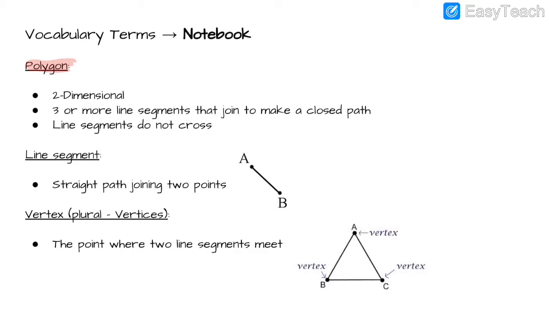All right, now if I were to draw a 4-sided figure like this, it is not a polygon because it does not make a closed path. There is a little opening right here, and so it is not a polygon.